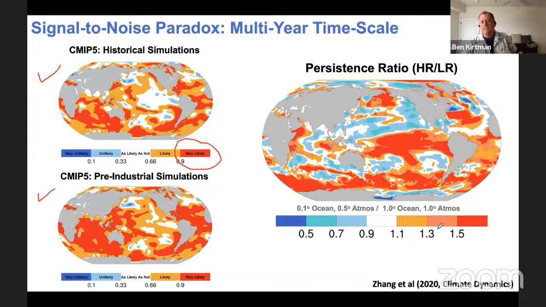You're seeing a significant increase in persistence throughout the deep tropics, in the North Atlantic, and North Pacific. These are all regions where there's a relatively high likelihood of a signal to noise problem. This increased persistence with the high resolution model in principle should decrease that signal to noise paradox. So this is a good result.